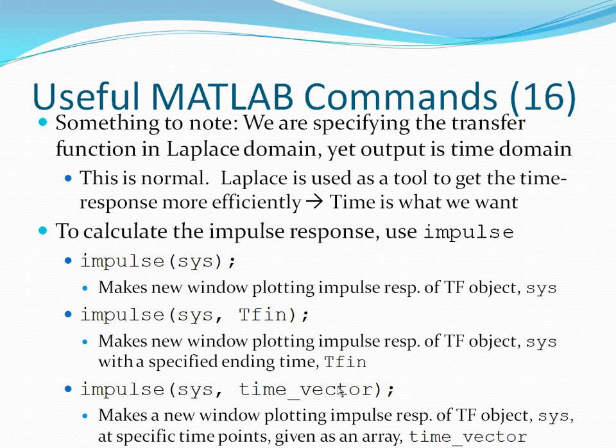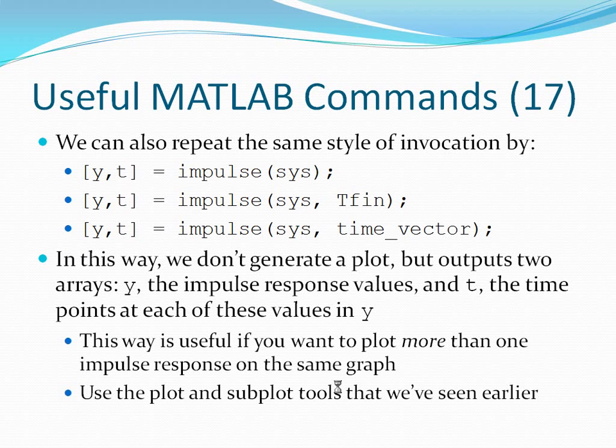You can also call this function in the following way. You repeat the same three things, but you append an output. This will generate a set of amplitude points, which is your y, and then the time points, the actual time at which each amplitude happens.